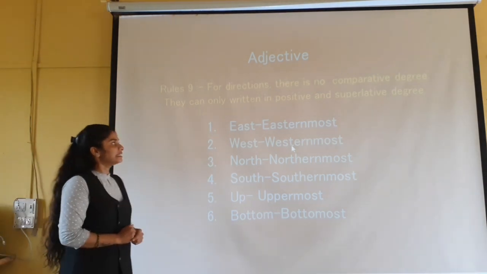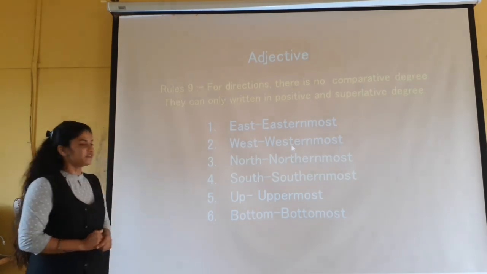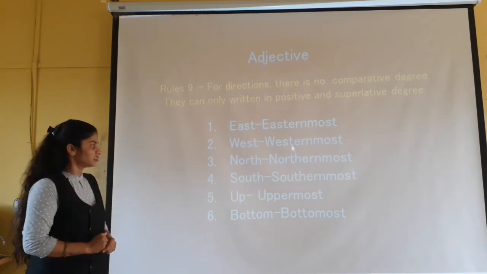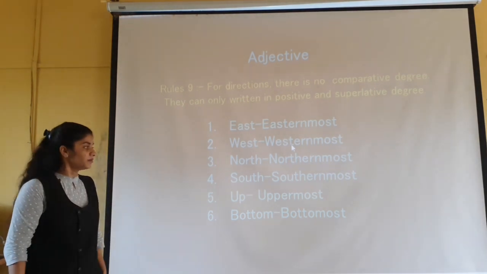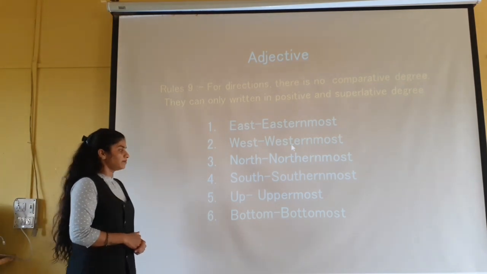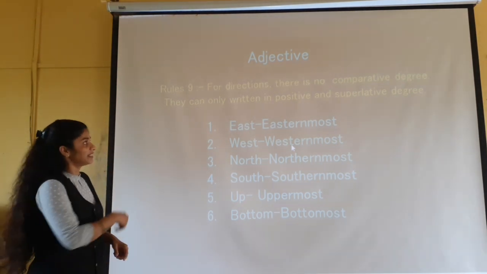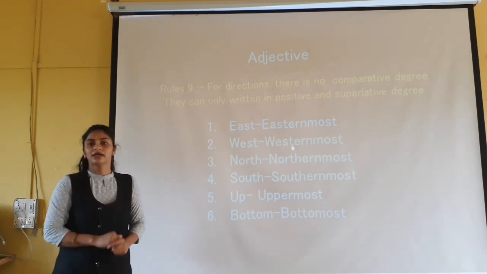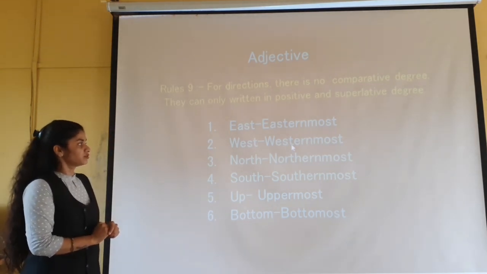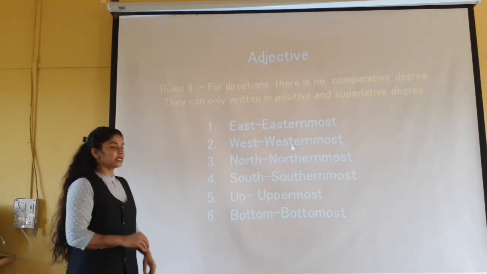They are like east, easternmost; west, westernmost; north, northernmost; south, southernmost; up, uppermost; and bottom, bottommost. Okay. So east, west, north, south, up and bottom are your positive, and directly they change in the superlative: easternmost, westernmost, northernmost, southernmost, uppermost and bottommost.